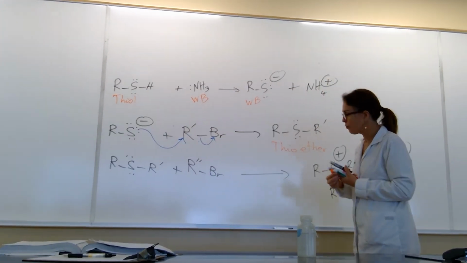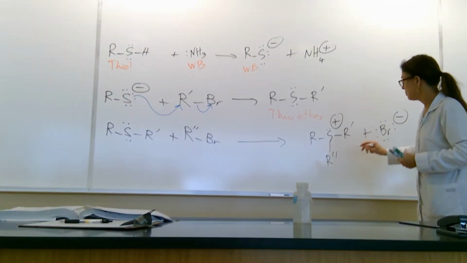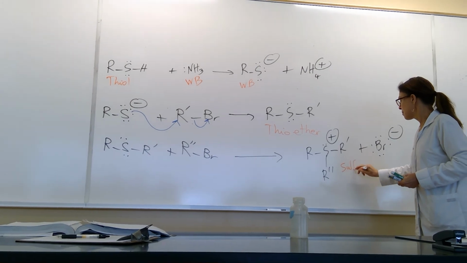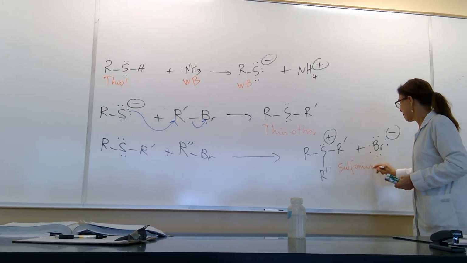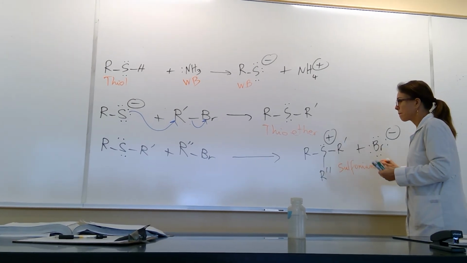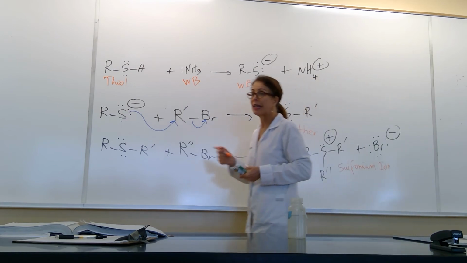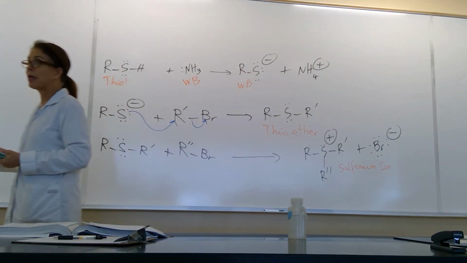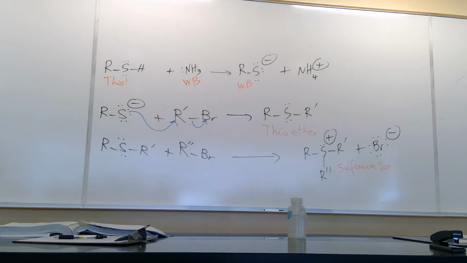This is called a sulfonium ion. So sulfur can add up to 3 alkyl groups. If it has 1 alkyl group, it's a thiol. If it has 2, it's a thioether. If it has 3, it's called a sulfonium ion.